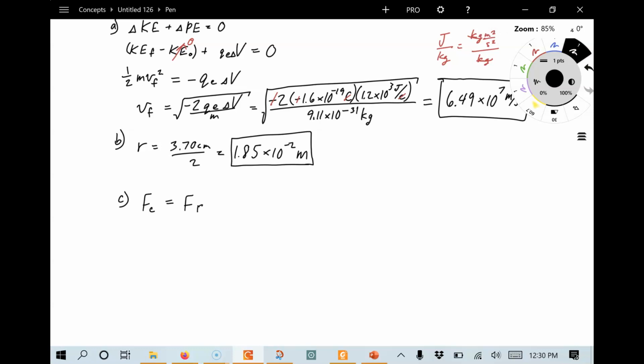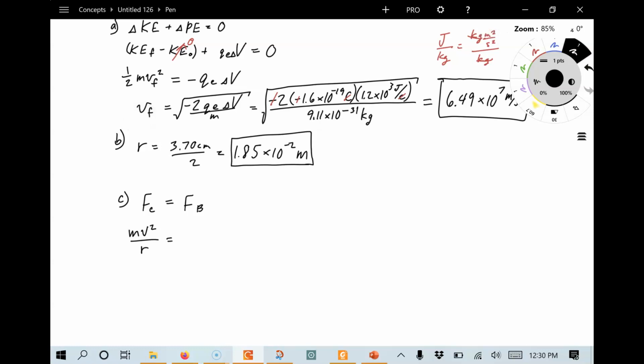And so in this case, the centripetal force, Fc, its magnitude is going to be equal to the magnetic force, Fb. Centripetal force, Fc, we know that is equal to mv squared over r from equations that we studied in Physics 2a.